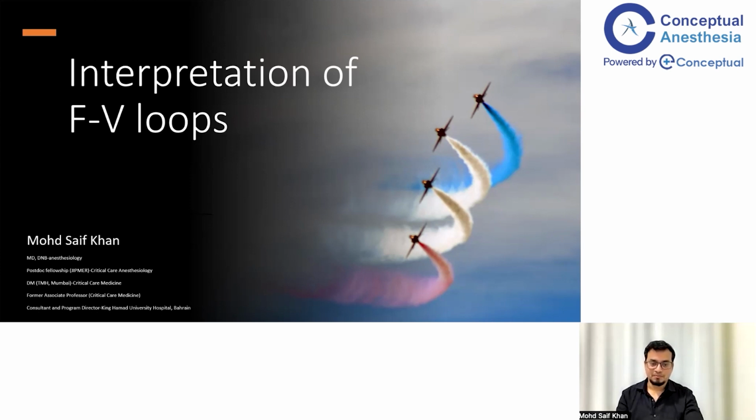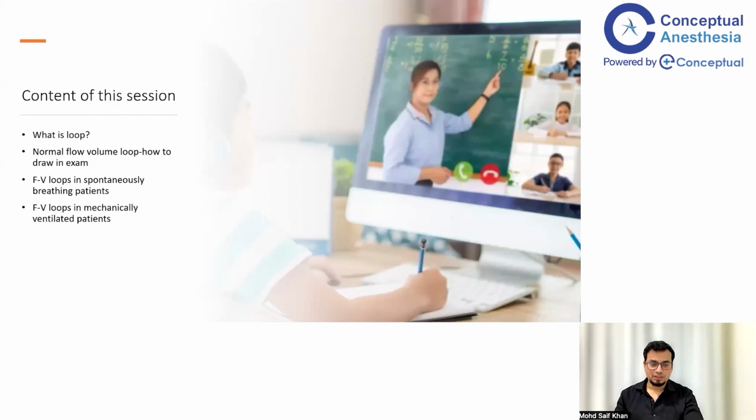So basically, this is an important investigation which can assist you to diagnose various obstructive abnormalities as well as restrictive and neuromuscular weaknesses. So this is going to be very interesting. It may be part of your viva or your practical examination in anesthesiology, and it can also be asked as an MCQ.